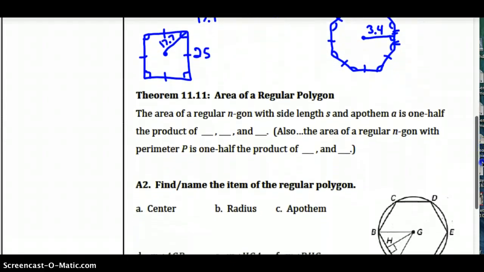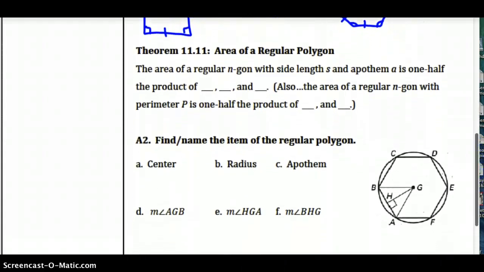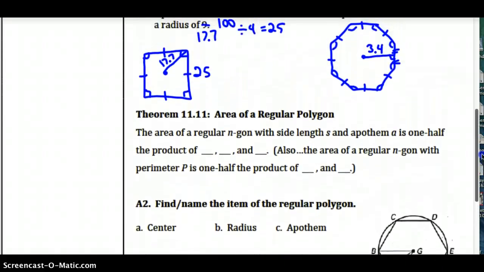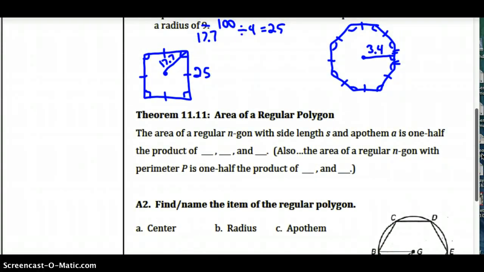We do have a regular polygon area formula that works for all regular polygons, and it's based on the thought that a regular polygon is made up of 1, 2, 3, 4, or n isosceles triangles, with the apothem being the height and the side length being the base.